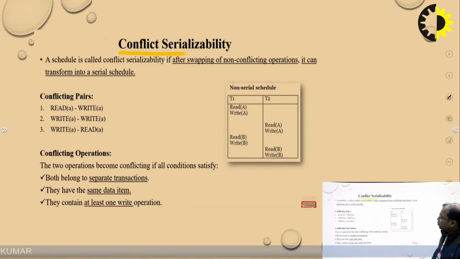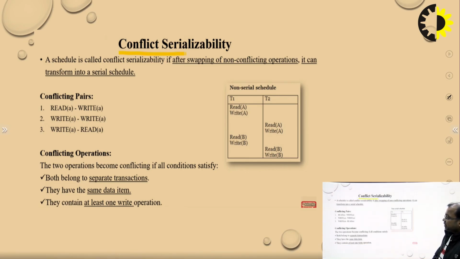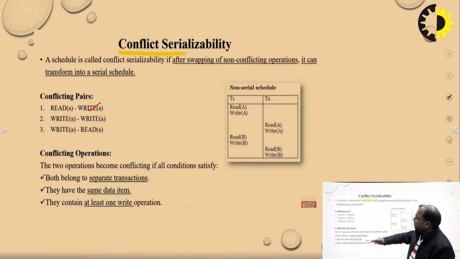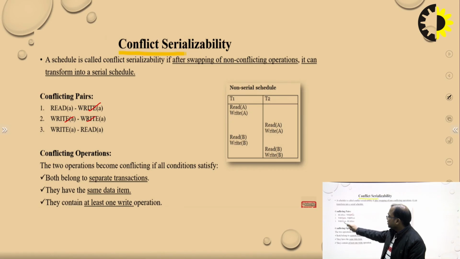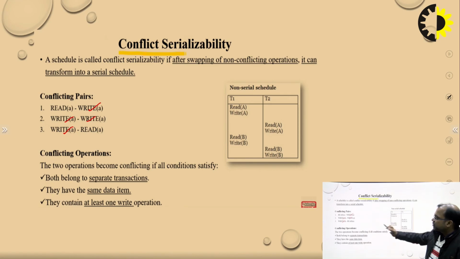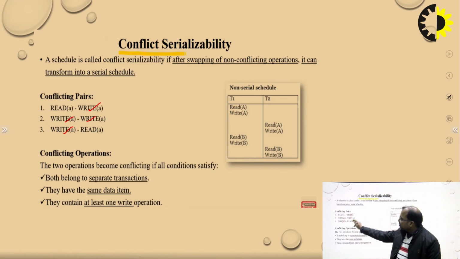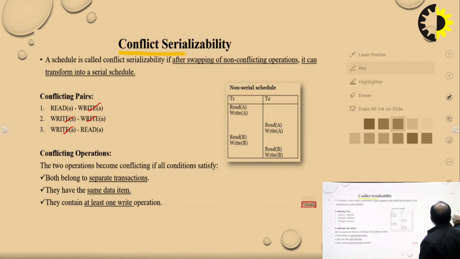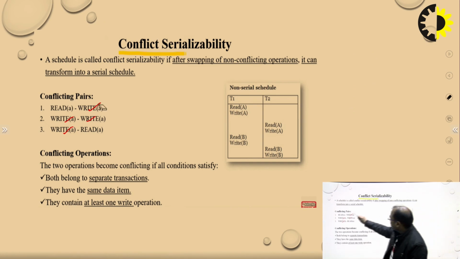So there are three pairs: read-write, write-write, and write-read. Remember that in all three pairs there is a write operation. So read-write, write-read, and write-write are the three conflicting pairs. We must remember these properly so that we can do the problem ahead.